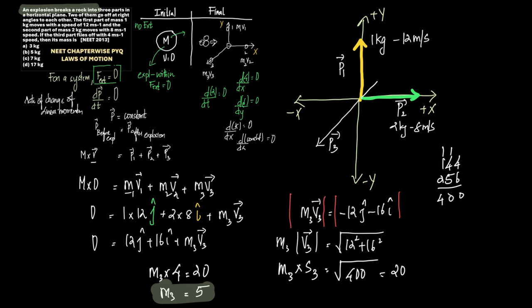If we were to take the resultant of 1 and 2, what we get is root of p1 square plus p2 square. So the resultant of 1 and 2 is actually balanced with the third momentum vector, right? That's also one concept that you can derive from here.